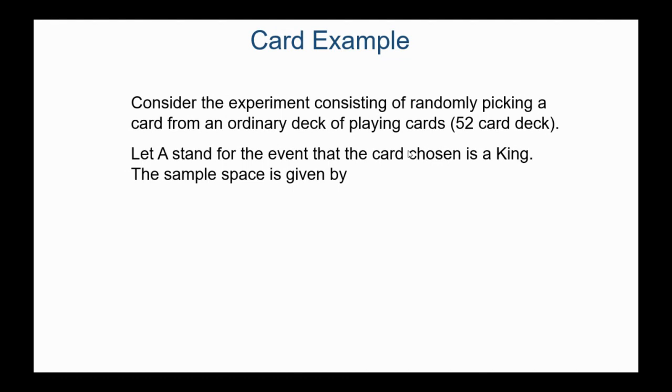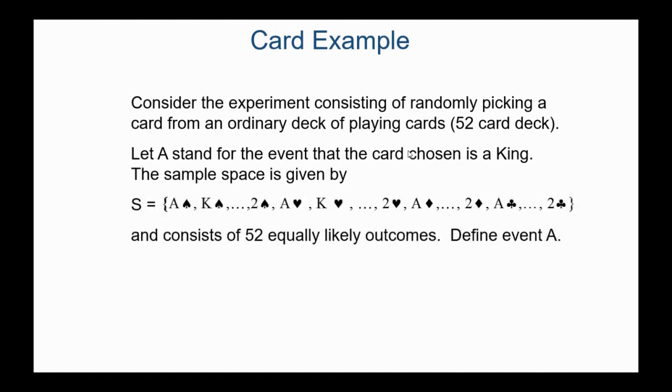Well, there's an ace, king, queen, jack, all the way down to a 2, right? And then what different suits do we have? Clubs, hearts, diamonds, and spades. So we're going to summarize that using this right here.